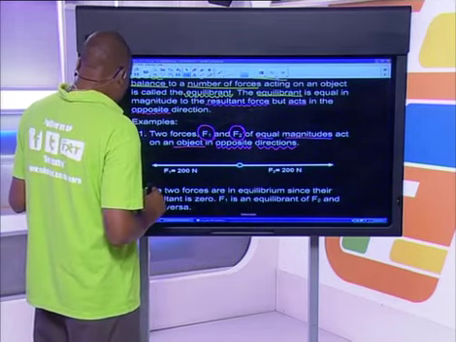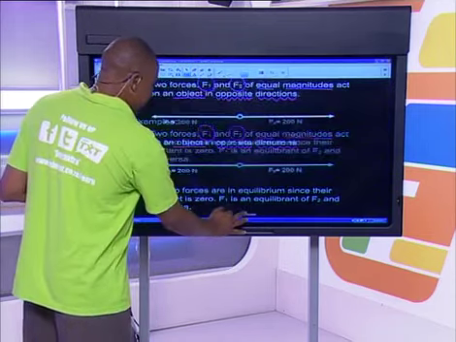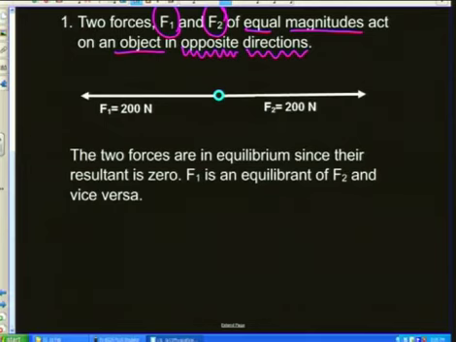If we have that situation, 200 Newton F1, 200 Newtons F2, equal in magnitude but acting in opposite direction, the 2 forces, we say they are in equilibrium. Why? Because their resultant is 0.